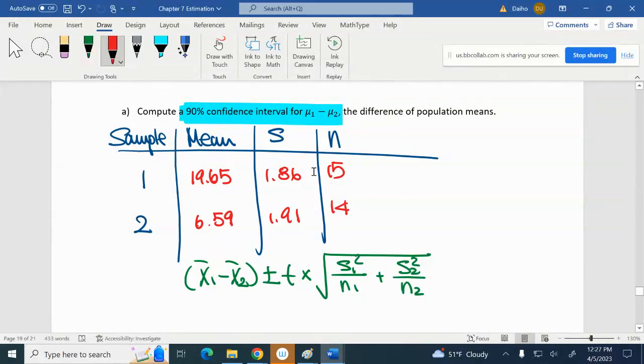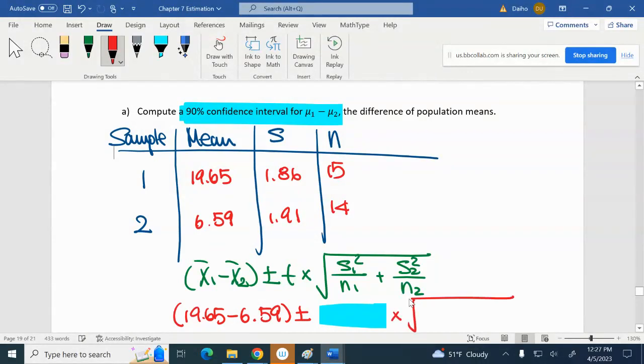Now let me plug the statistics into the formula: 19.65 minus 6.59, and let me take the t-score later, times 1.86 squared over 15 and 1.91 squared over 14.